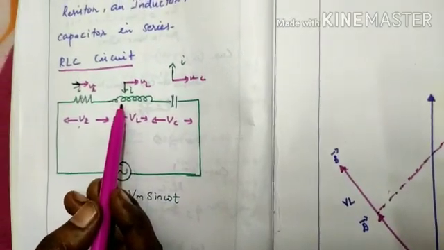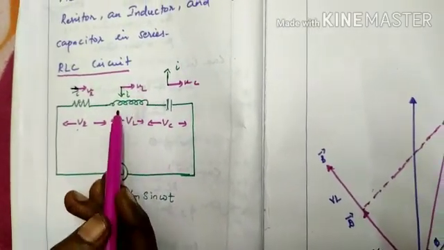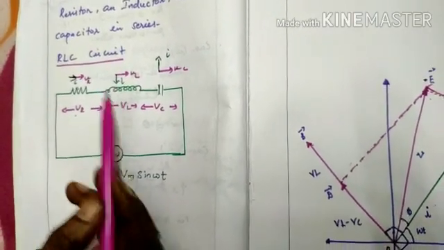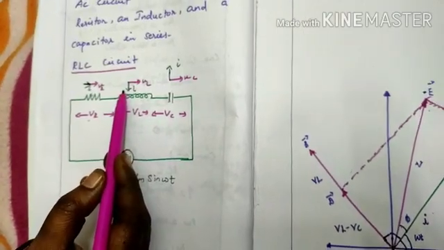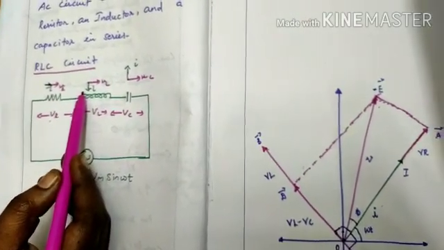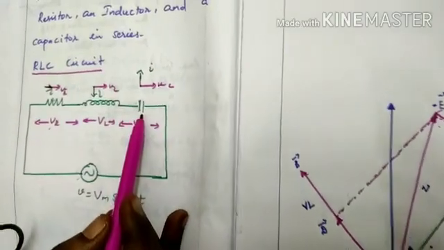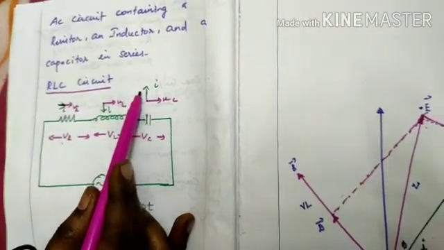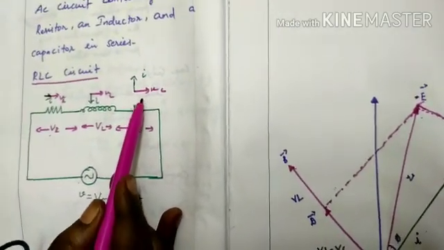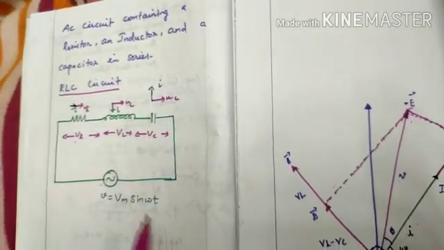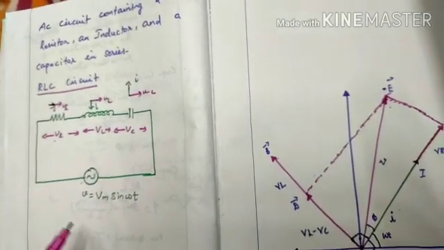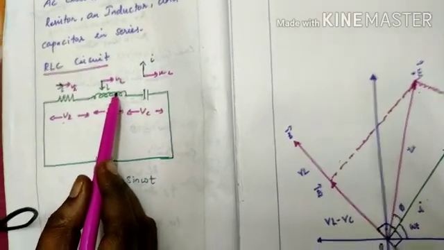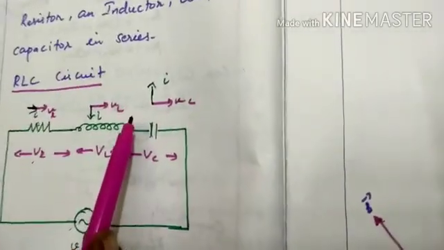When they pass through the inductor, current lags by 90 degrees. When they pass through the capacitor, current leads by 90 degrees; here voltage lags by 90. So this is the phase relationship between the current and voltage for the different components.